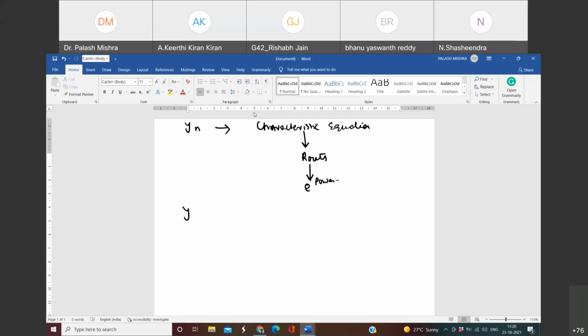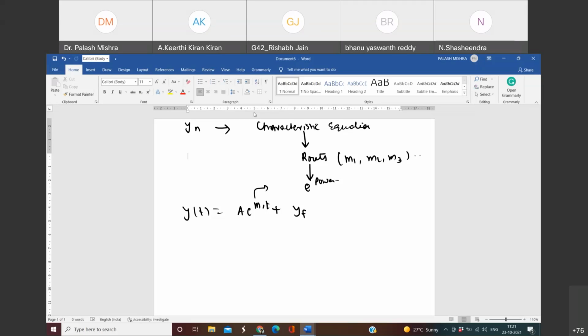Suppose the roots are m1, m2, m3, something like this, that power you have to put. Suppose there is only one root, so y(t) will be equal to A e to the power of m1 t plus y_f. Y_f I am just not talking of right now, just the natural response.